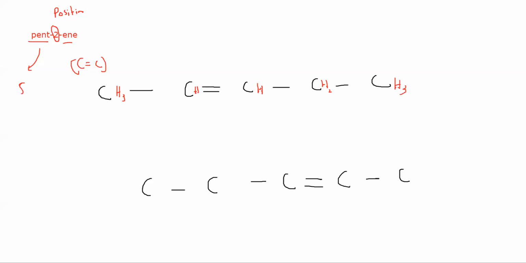It depends on how many bonds are formed. If I count from here, this will have three hydrogen because one bond is formed. This carbon forms 1, 2, 3 bonds, so remaining one hydrogen. This carbon also forms 3 bonds, so remaining one hydrogen. This carbon forms 2 bonds, so remaining 2 hydrogen. And the last one forms 1 bond, so remaining 3 hydrogens.